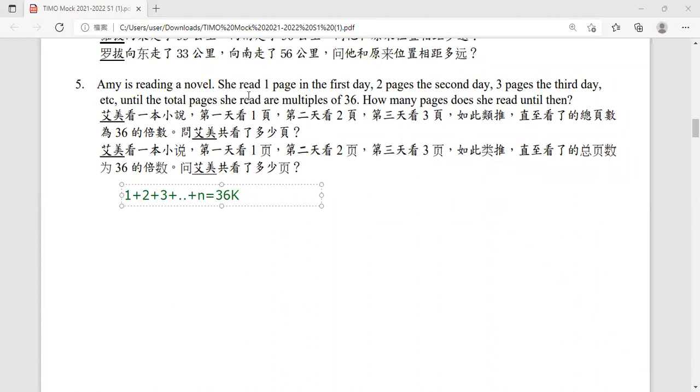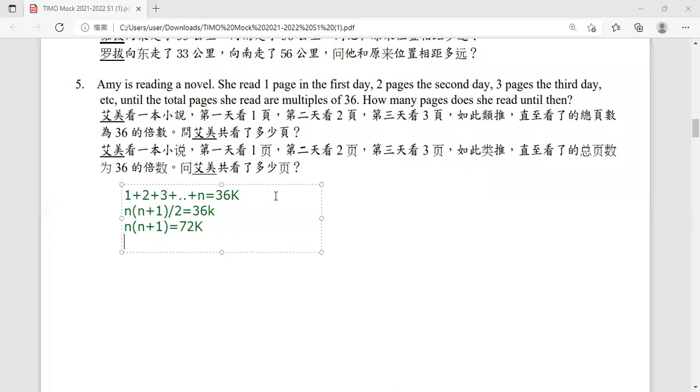So if you are smart enough, you will know that the sum on the left hand side will be equal to n times n plus 1 over 2, equal to 36. So n times n plus 1 equal to 72.